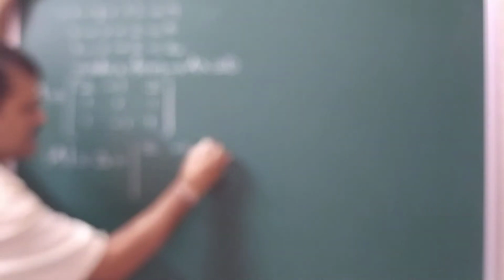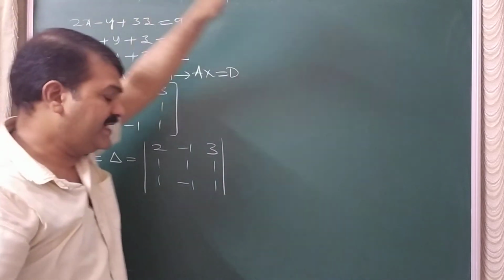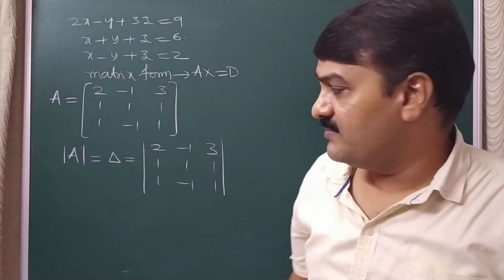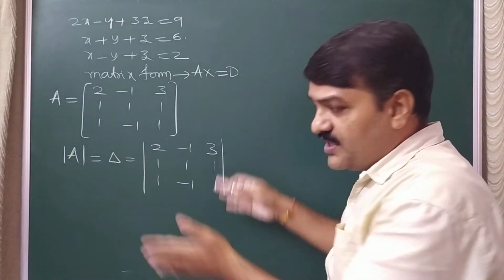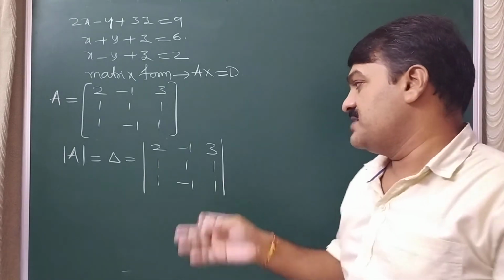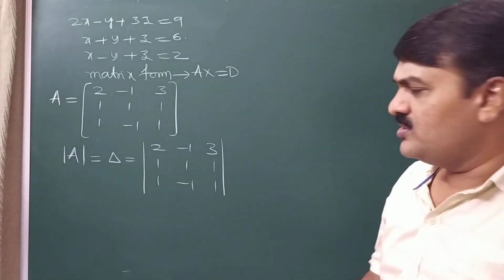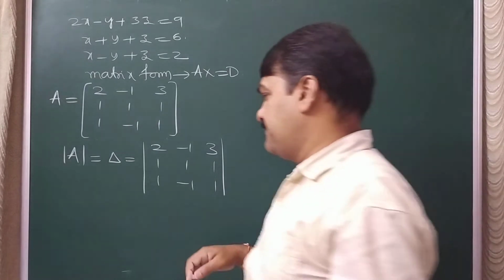And you know that the determinant of the coefficient matrix will be taken as delta. So let us find this now. Finding the determinant, we can use determinant properties, that is, row transformations, column transformations, all those we can use, but directly I am expanding here.